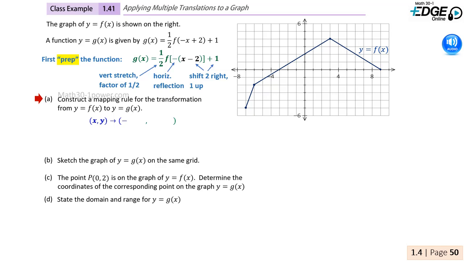In mapping notation, we'll represent this by showing that our x value became negative, and was increased by 2, while our y value was multiplied by 1/2 and increased by 1.